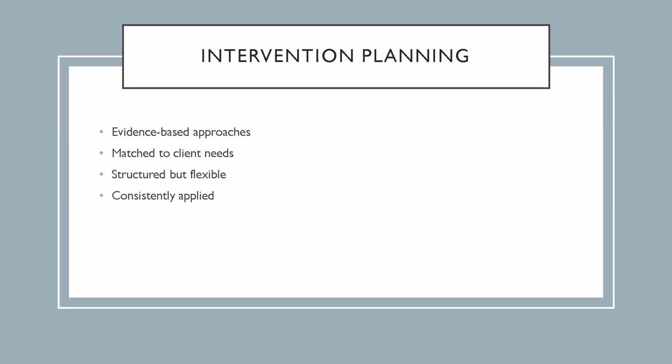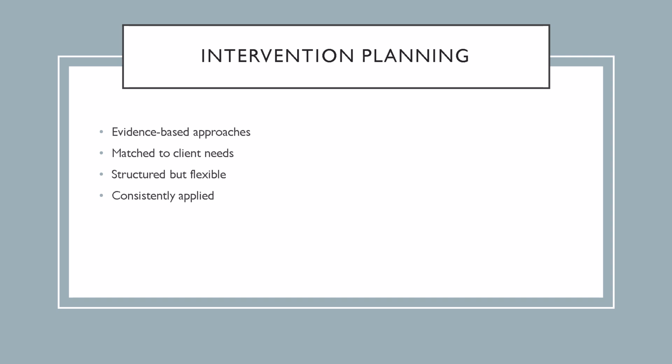Motivational interviewing really helps increase the readiness to change. Relapse prevention strategies, they're going to help manage the triggers and cravings. So the key is matching the intervention to the client's specific needs. So a client with high relapse risk needs different interventions than a client who's in early experimentation.